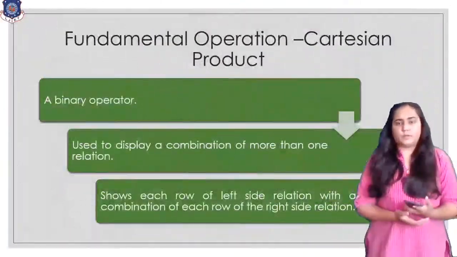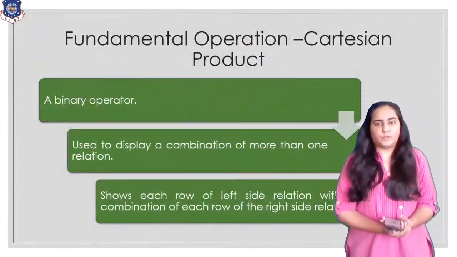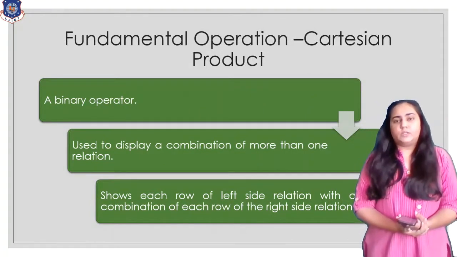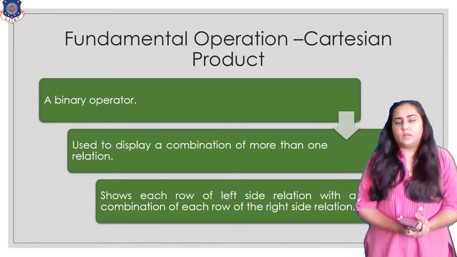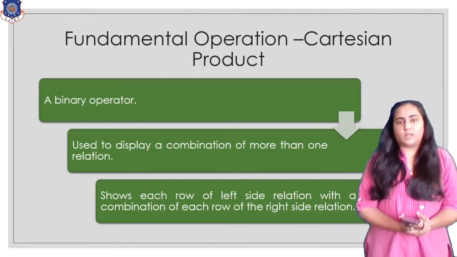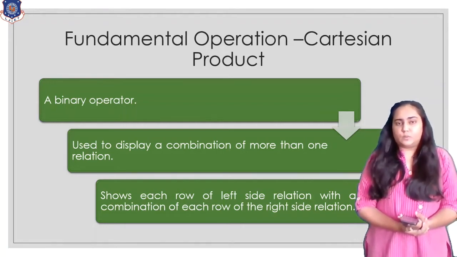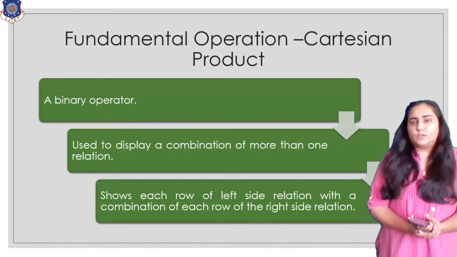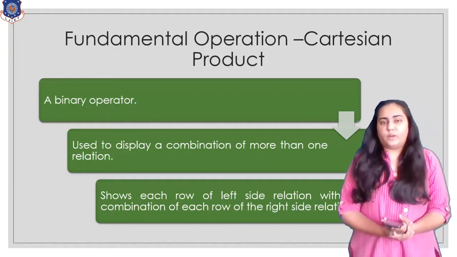So Cartesian product is another fundamental operation in relational algebra, just like union and set difference, and also select and reject. This is also a binary operation, just like union and set difference. So it requires 2 tables in order to work. And we use a Cartesian product when we want to combine 2 tables together.